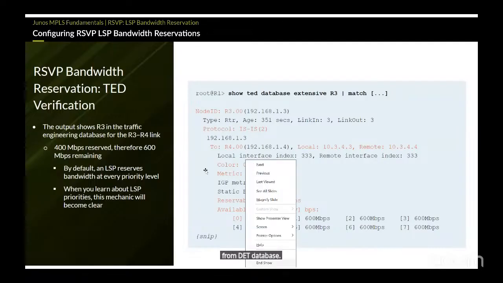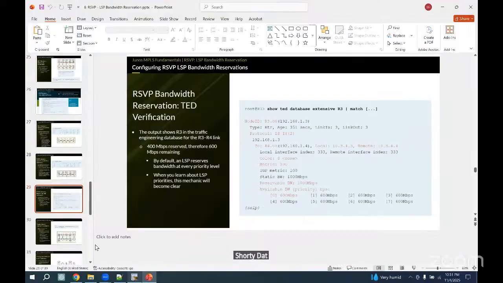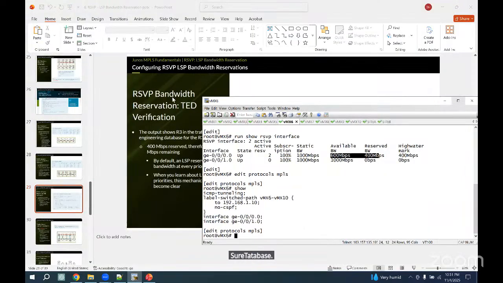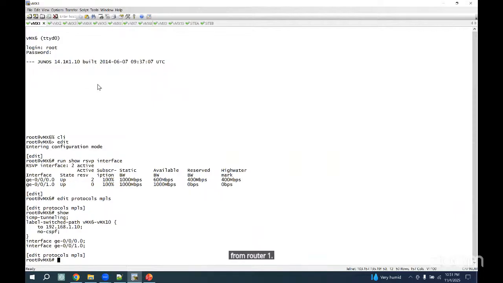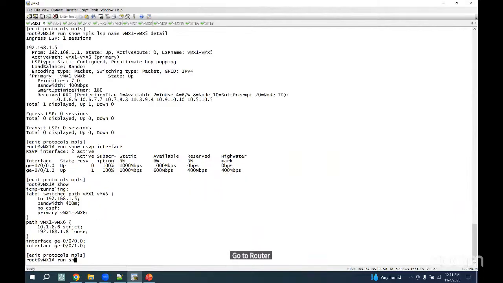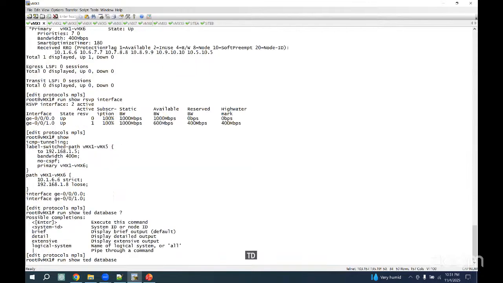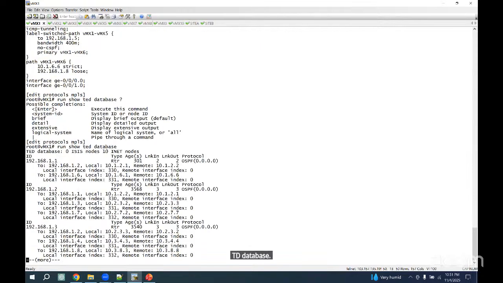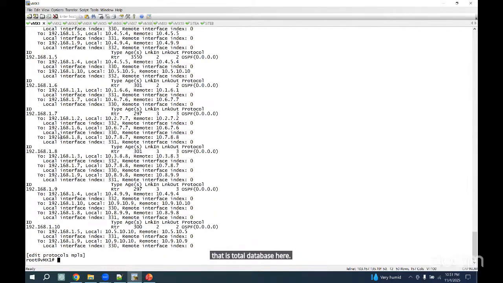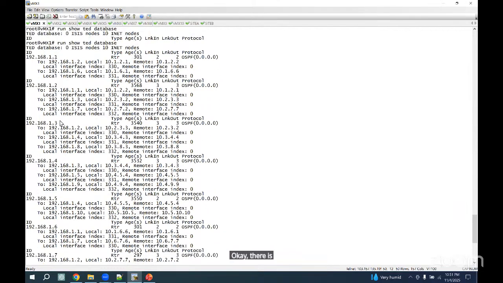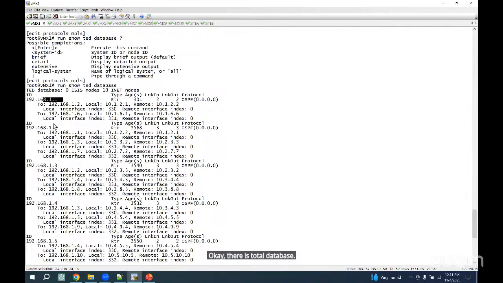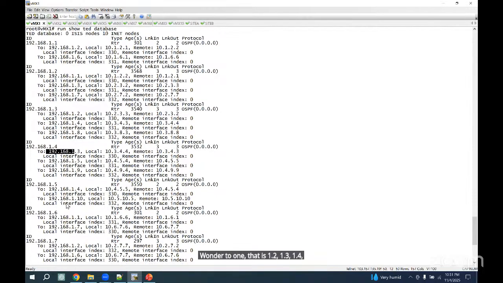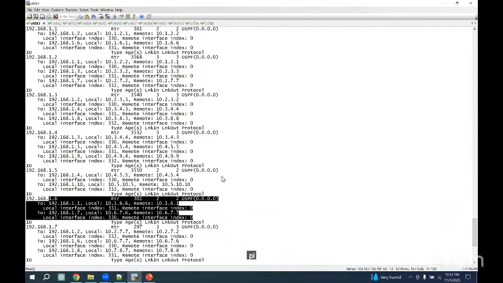Go to router 1 and show ted database. That is the total database here: 1.1, 1.2, 1.3, 1.4, 1.5, 1.6.